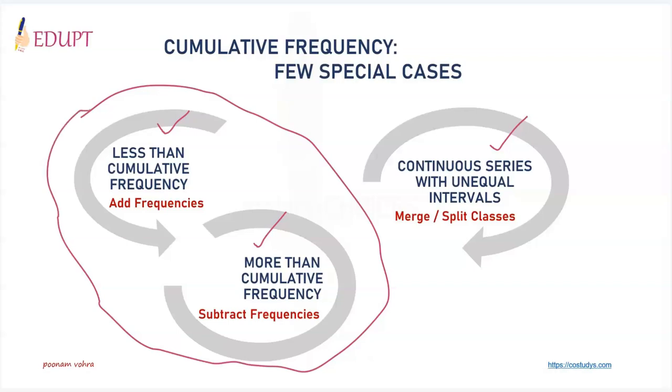Cumulative frequency series is a modification of simple frequency distribution, and less than cumulative frequency distribution is obtained by successively adding the frequencies of the values of the classes, whereas more than cumulative frequencies are obtained by successively deducting the frequencies of the values of classes. So let us see how it is done.